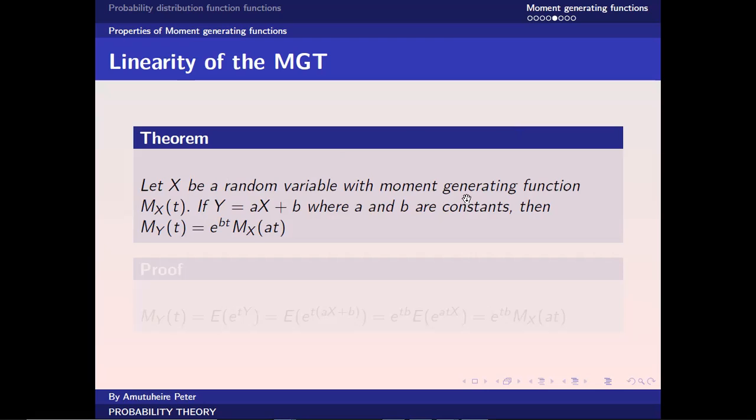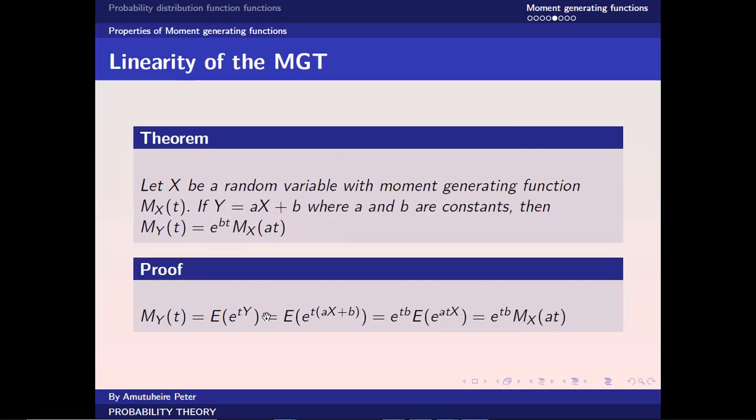Okay, let x be a random variable whose moment generating function is this. If y is another random variable defined in terms of x, as ax plus b, then the moment generating function of y is e to the power bt, times the moment generating function of x at at. The proof for that theorem is simple because from the definition, the moment generating function of random variable y is the expectation of e to the power ty.